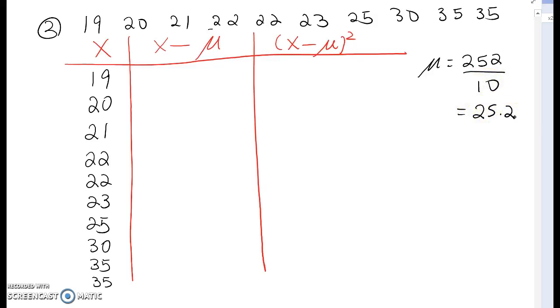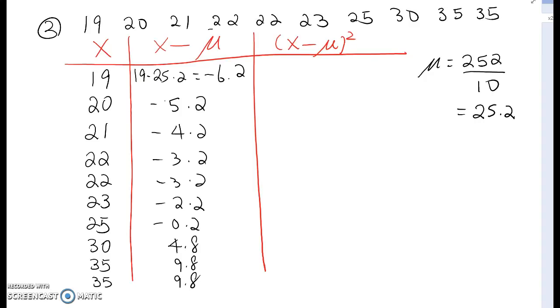For the second column, the first entry, x minus mu, is 19 minus 25.2, which is negative 6.2. Please pause this video for a second, complete all the calculations, then restart the video and check your data, please.